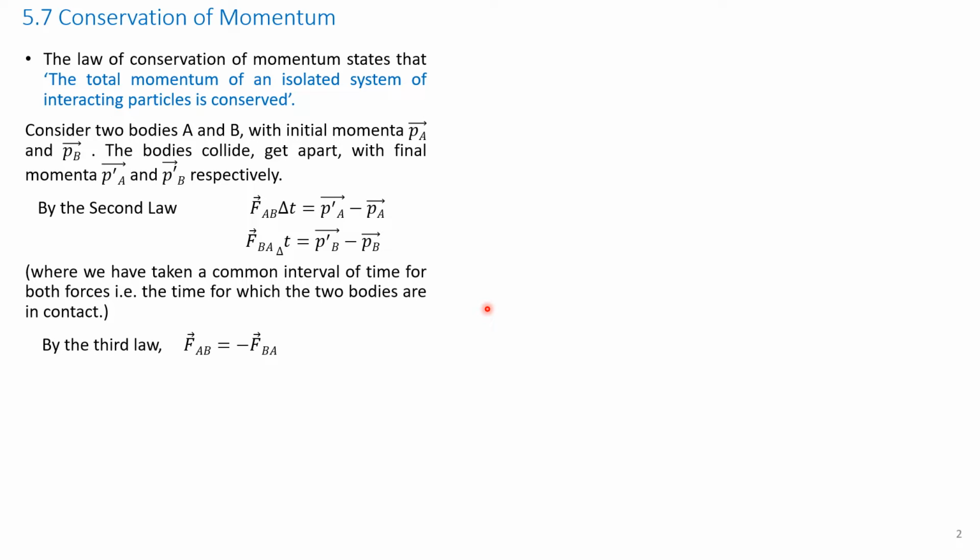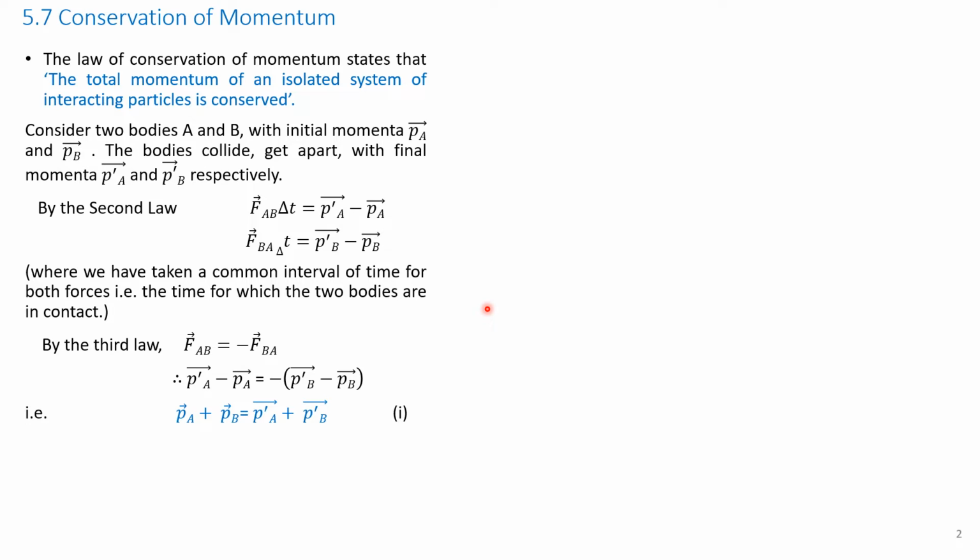By the third law, vector F of A on B, that is force due to A on B, is equal to minus of force of B on A. Therefore, the momentum change P dash A minus PA equals minus of P dash B minus PB, where PA and PB, P dash A and P dash B are momenta respectively.